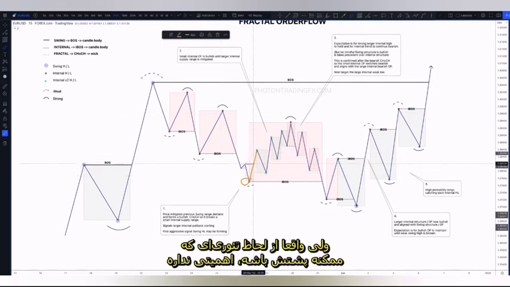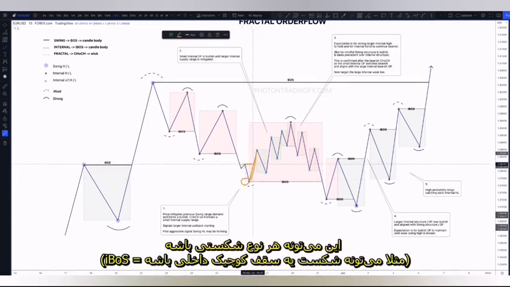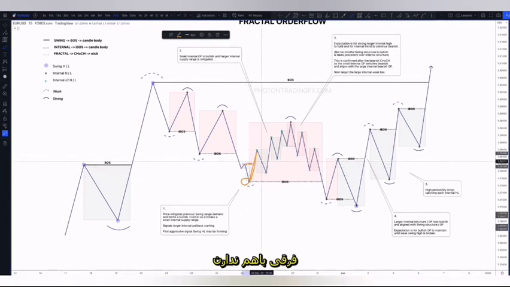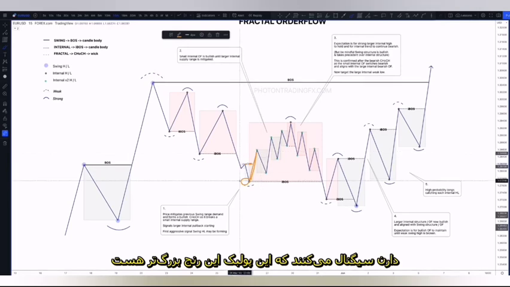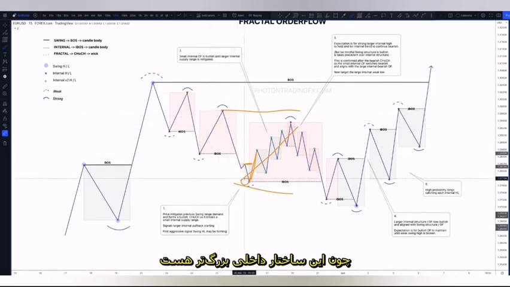But it doesn't really matter in terms of the actual theory behind it, right? Because that movement there, the break of whatever that is, whether it's a small internal high, so it would be an IBOS, or whether it's just a chock because it's just a candle, it's the same thing. All that signals is the pullback of this larger range, because that's the larger internal structure.